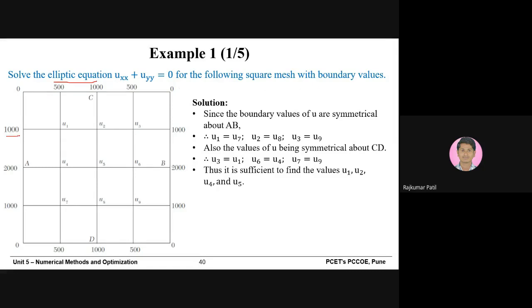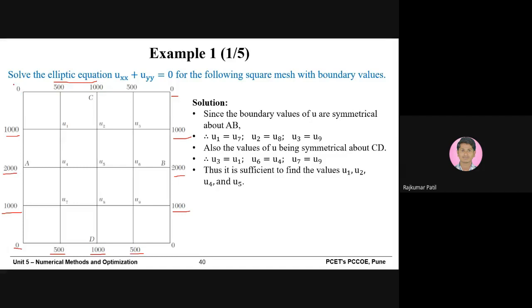You can see all the boundary values are given, and what you need to do is find the intermediate points. How many intermediate points are there? U1, U2, U3, U4, U5, U6, U7, U8 and U9. So there are 9 unknown data points.